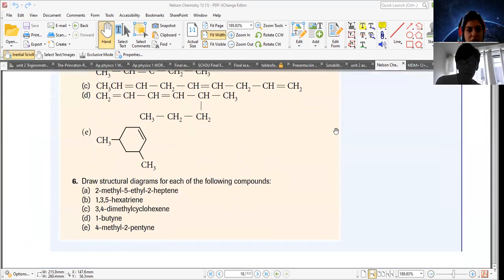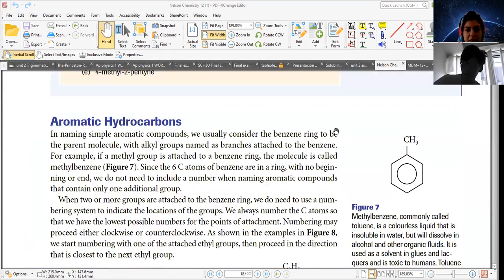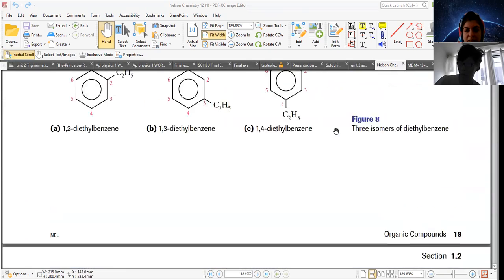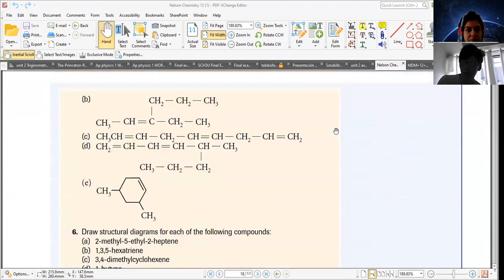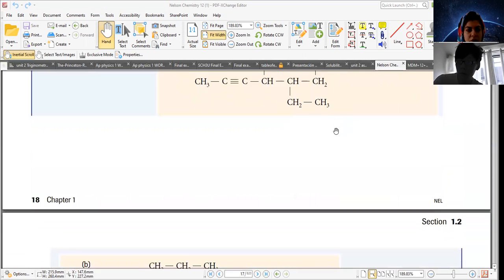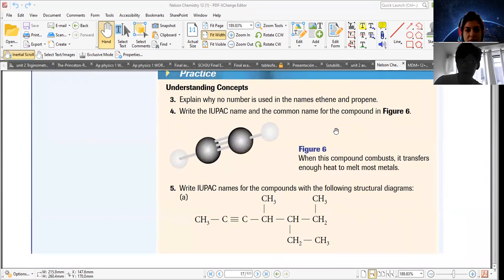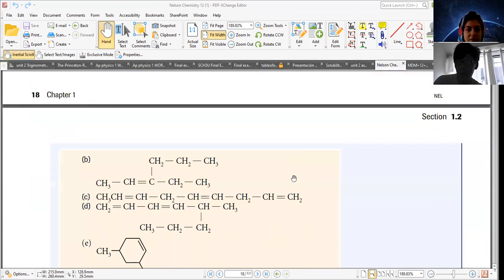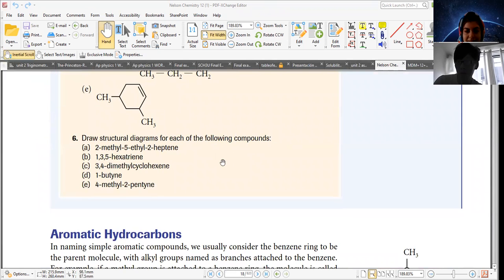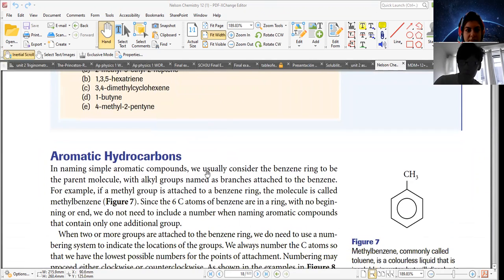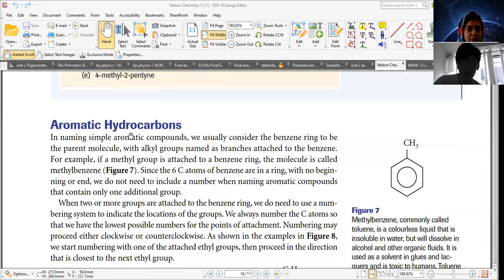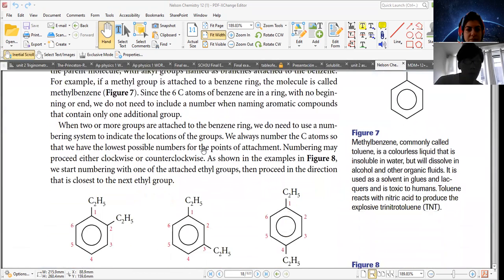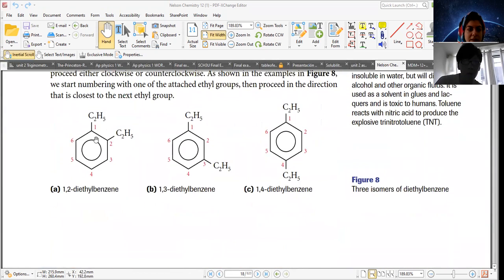Okay, so these are the questions I'm asking you to do. This is page 19, question 5 and question 6. I'm going to teach a little bit of this one as well. Aromatic hydrocarbons. See, when you have 6, this is benzene, right?